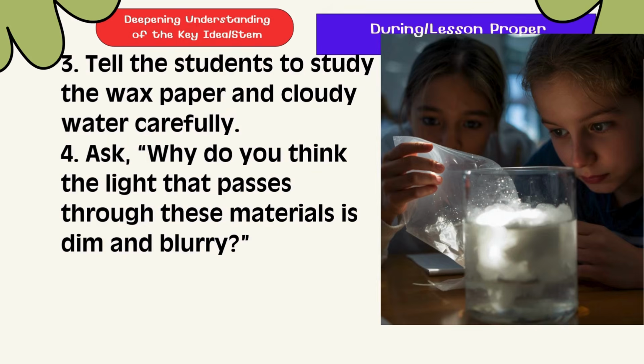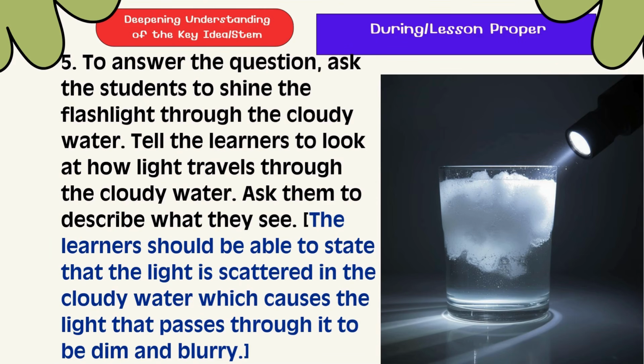Tell the students to study the wax paper and cloudy water carefully. Why do you think the light that passes through these materials is dim and blurry? To answer the question, ask the students to shine the flashlight through the cloudy water.